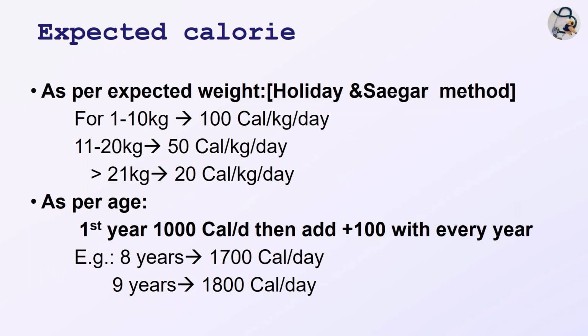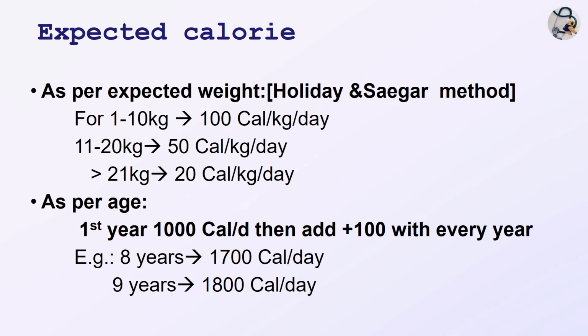Expected calorie after 1 year, the method of calculation is as per expected weight you can do, or as per age you can do. So as per weight, you follow the Holliday and Segar method. In this, for the first 10 kg, 100 kilocalorie per kg per day is the requirement. That means if the child is 10 kg, 10 into 100 will be 1000 kilocalorie per day this child will require.